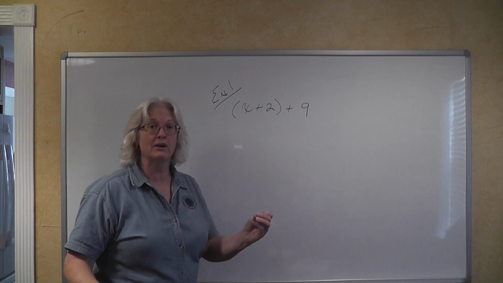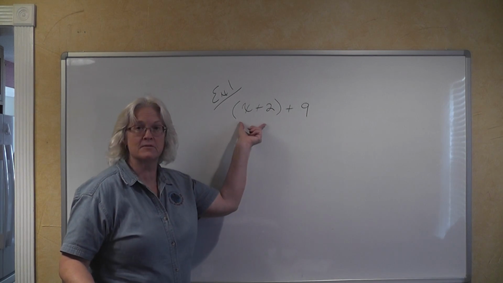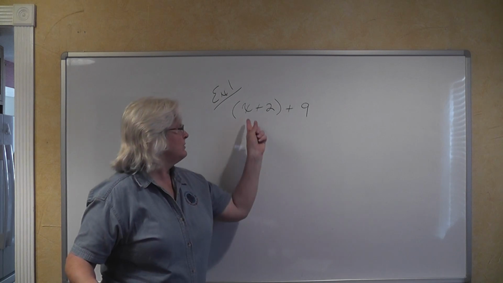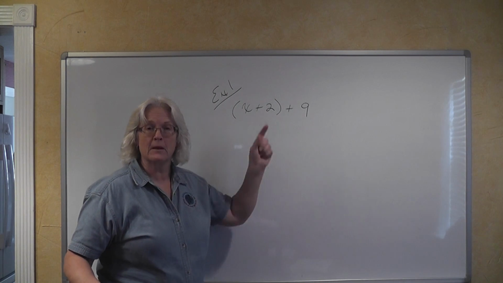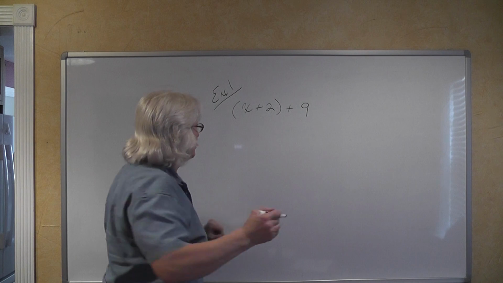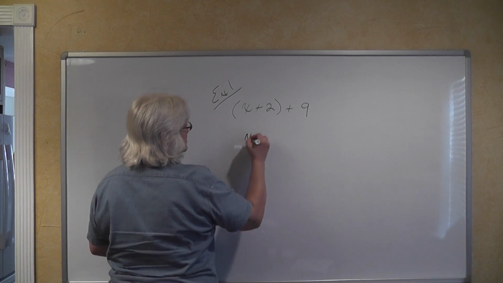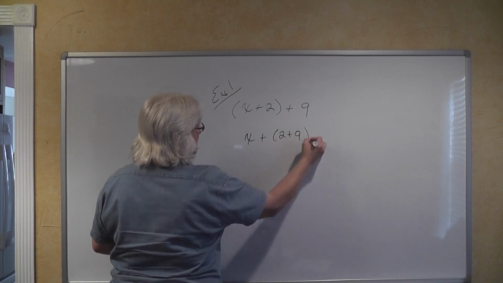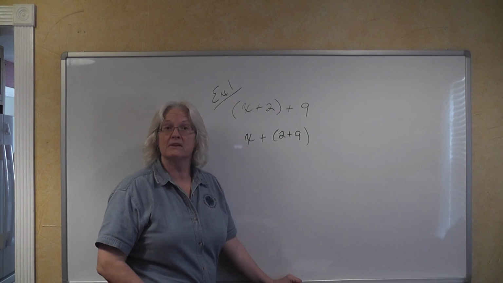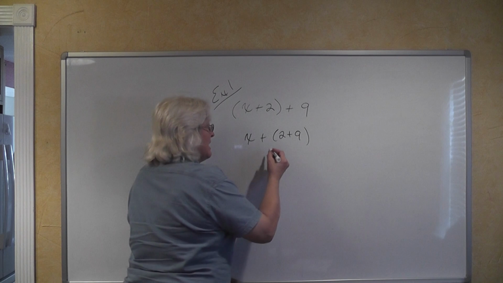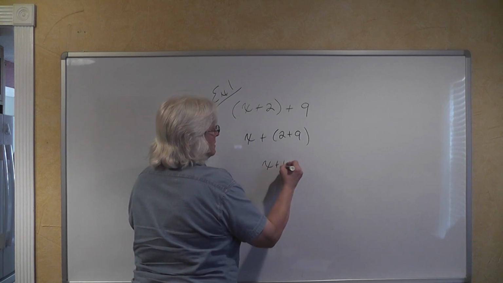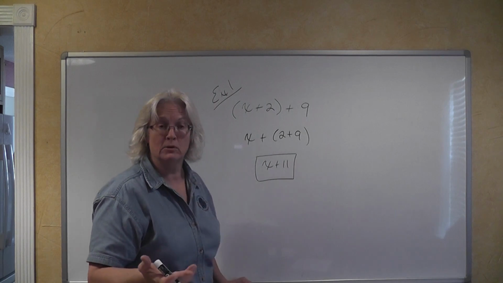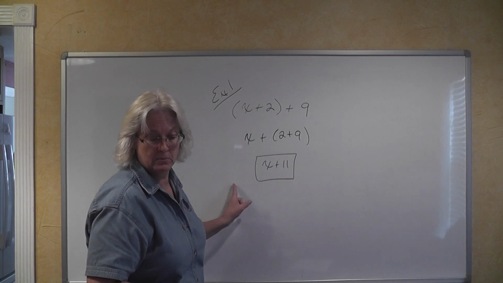Our order of operations tells us work inside the parentheses first, but you can't add an x and a 2 when you don't know what x is representing. But you can use the associative property that allows you to change the grouping to put the 2 plus 9 in parentheses, and you now have x plus 11. There's nothing else that you can do with x plus 11. This is the simplest form.